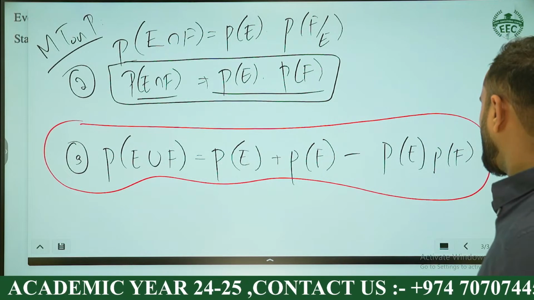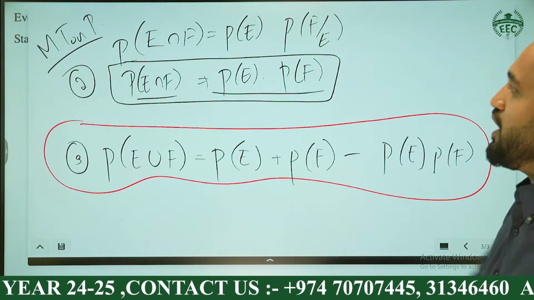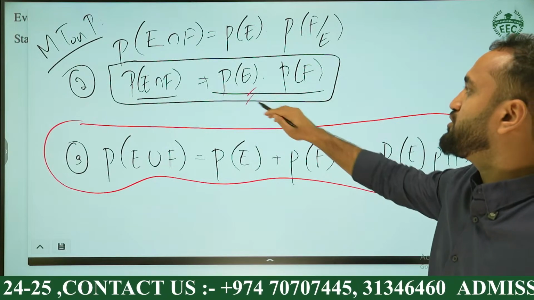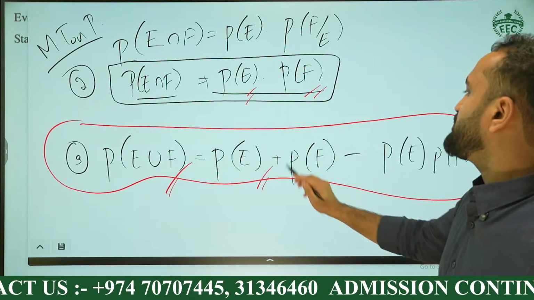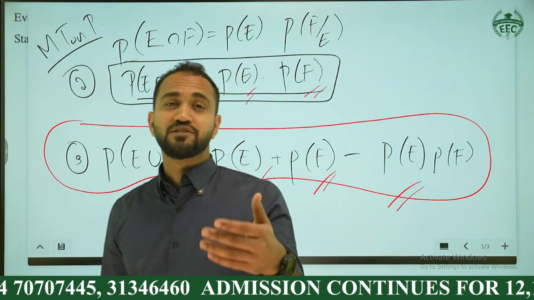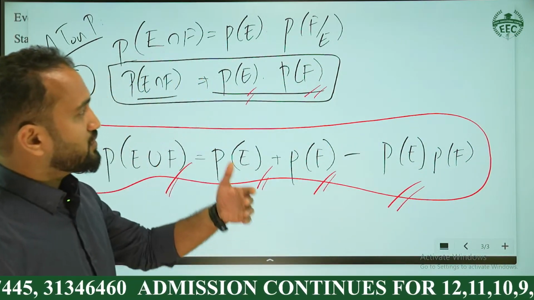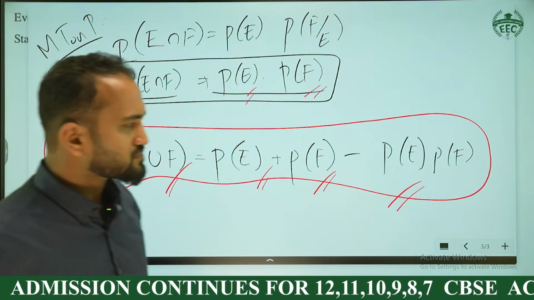Number one, P of E is the same as P of E bar F. Number two, P of E intersection F is equal to P of E into P of F. And third, P of E union F is equal to P of E plus P of F minus P of E into P of F. These are the three expressions on the application of independent events.